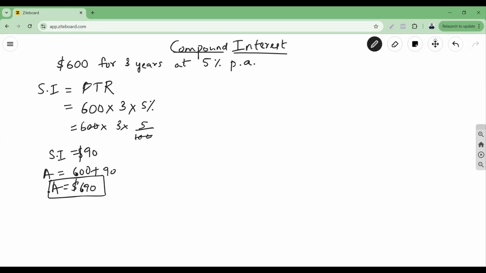Now, later on you think about it and say, no, this is not really nice, because the value of money keeps on increasing. Whatever I could have bought with the $600, let's say I could have bought a watch for $600. But next year, if I want to buy the same watch, it is not going to be $600, right?